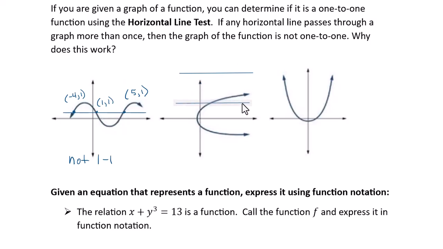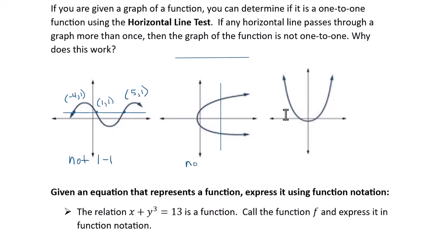Okay, let's see if we can pass a horizontal line test here. So here we go. Passes the horizontal line test, but be careful. This is not a one-to-one function. The reason is, you guessed it, it is not a function at all. It doesn't pass the vertical line test. So if it doesn't pass the vertical line test, then you're not going to see if it further passes the horizontal line test.